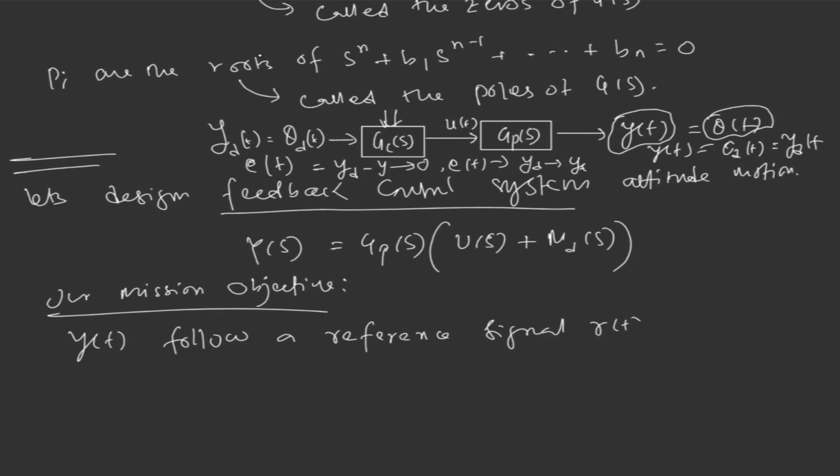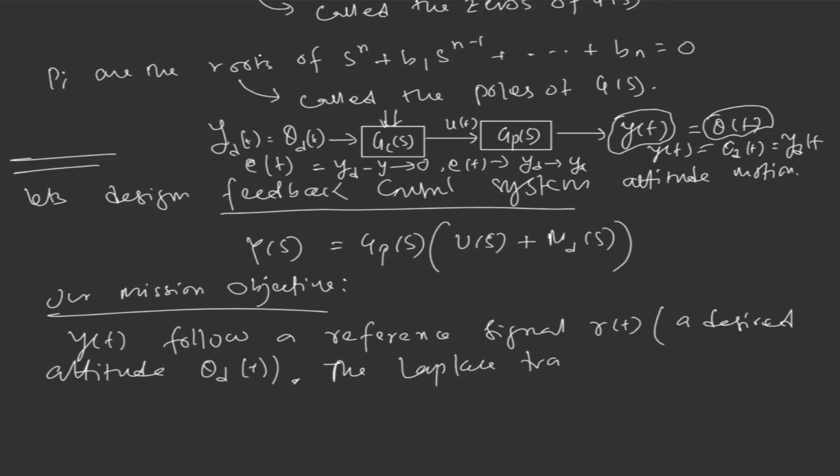Let's denote it R(t), which is, we can say, a desired attitude that we would like to maintain for the aircraft, theta_d(t), and the Laplace transform of R(t) we can write as R(s), theta_d(s).